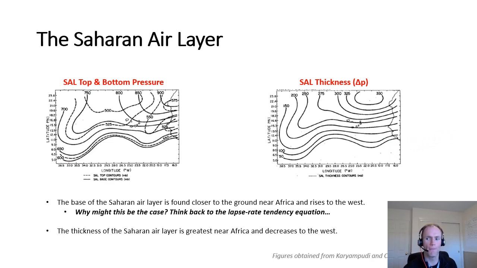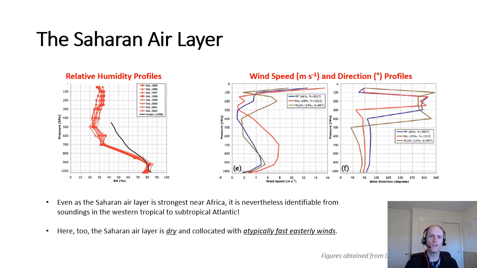Finally, we can also take a look back at some of the characteristics of the Saharan air layer, which we first introduced in our tropical climatology lecture, relying on the results of Jason Dunion's work from 2011. Here at left, we have relative humidity profiles, and each one of these red lines is from a different year's worth of data, 1995 through 2002.